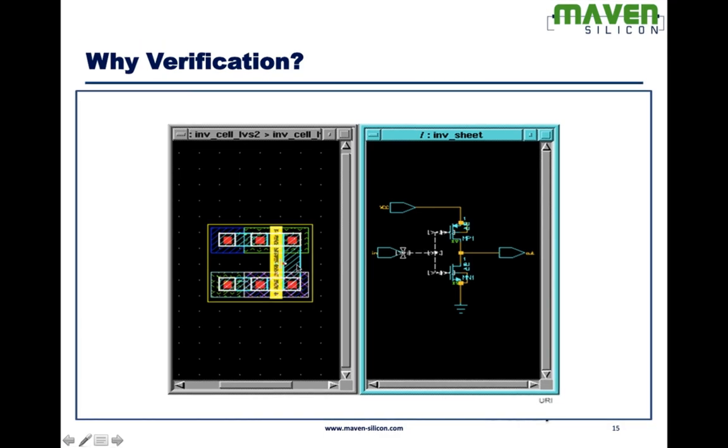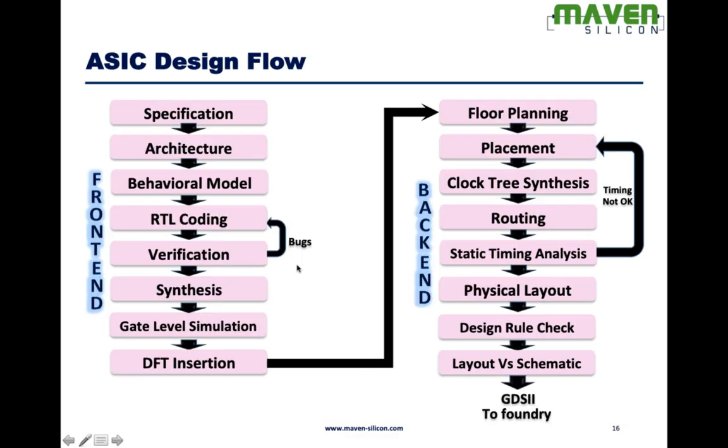Maybe during P and R, if we change the structure of the design, it may have affected the design functionality. So this is where we do equivalence checking again. In this case, the GDS2 will be compared with the original netlist. This is called layout versus schematic verification. Finally, we get the verified GDS2.